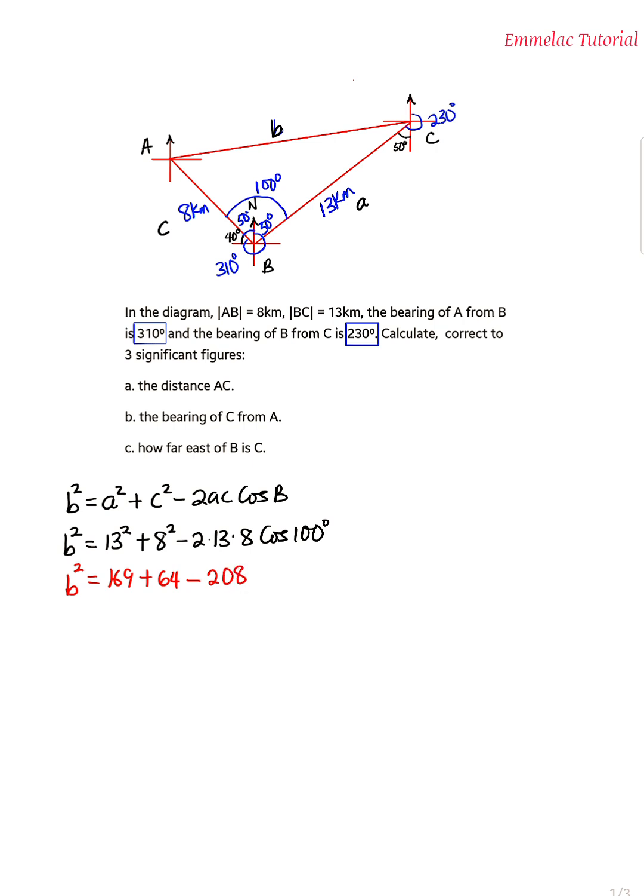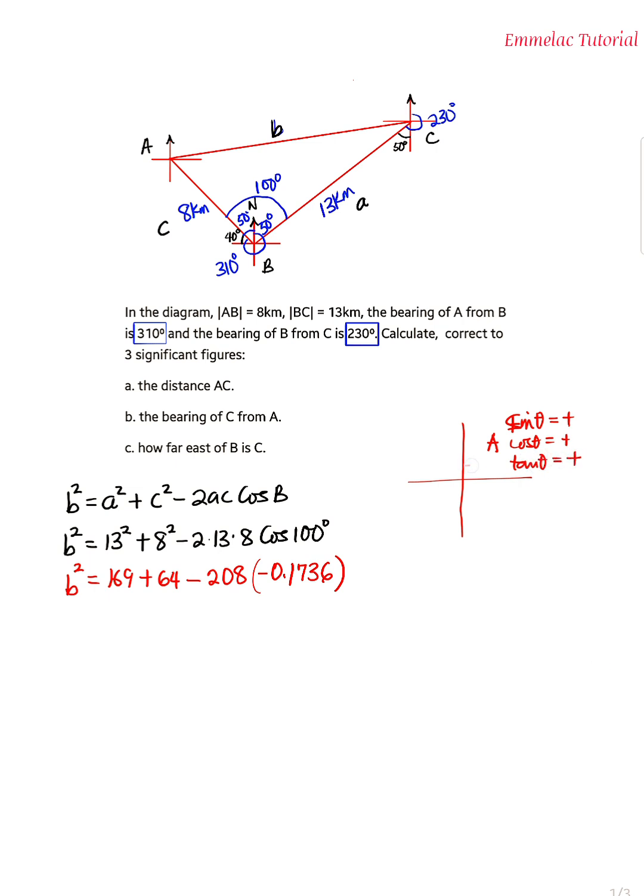Now that should give us 208, and cos 100 will actually give us negative 0.1736. You might be asking why negative. Take note that from the quadrant, in the first quadrant all trigonometric signs are positive: sine theta is positive, cos is positive, and tan is also positive.